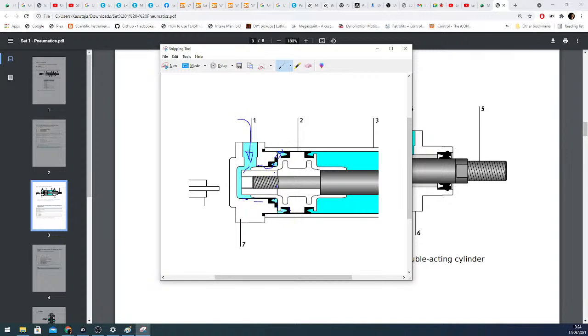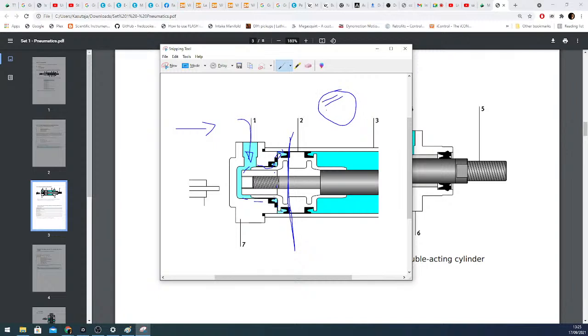And basically, the compressed air will start to push on the piston. So if we look at the piston from the side, the piston cross-section is a circle. Unfortunately, I was not able to draw a circle here, but let's imagine that this is a circle.